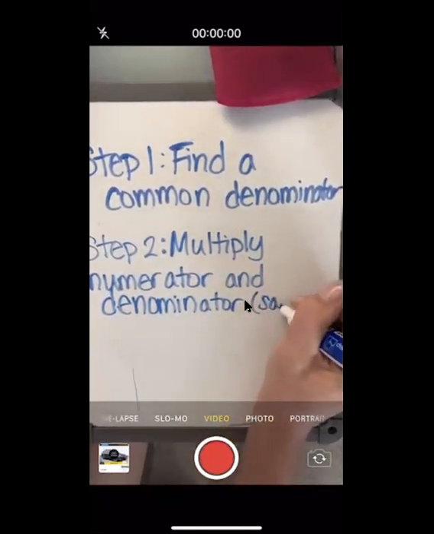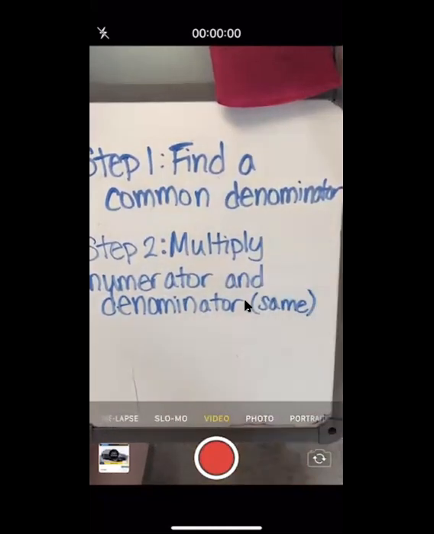And I'm putting parentheses the same. So I want you guys to sit down and think, okay, fourths and thirds, my common denominator could be 12. Then I need to multiply them to make them the same.